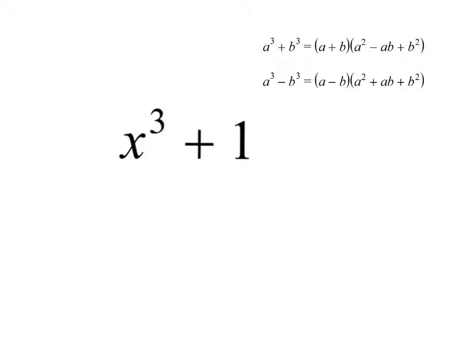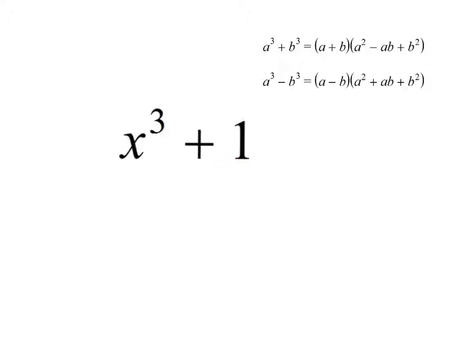is the first example. We're going to be factoring x cubed plus 1. The strategy generally is to recognize how you're going to match this. I have copied these identities for you for your reference as we proceed in these examples. So if you look carefully at this, your goal is to write this to look like an a cubed and this one like a b cubed.